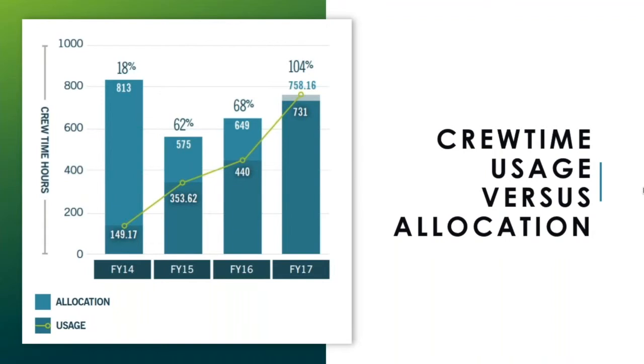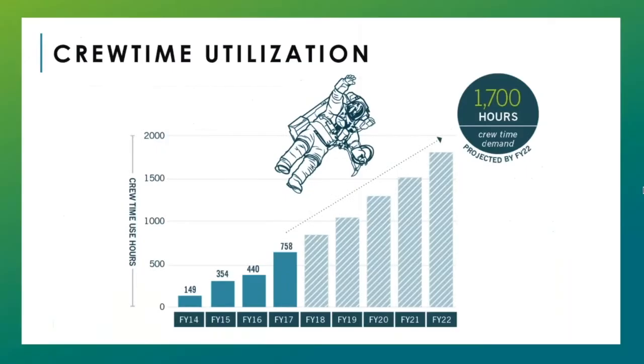Unfortunately, we just have not been able to generate enough projects to consume that additional crew time. So we're going to see a little bit of a downward trend when we take a look at this next year. But to me, this is an indication that the community that's interested in doing microgravity research or space-based research on the ISS, we've got full support of NASA in this particular area of resource.